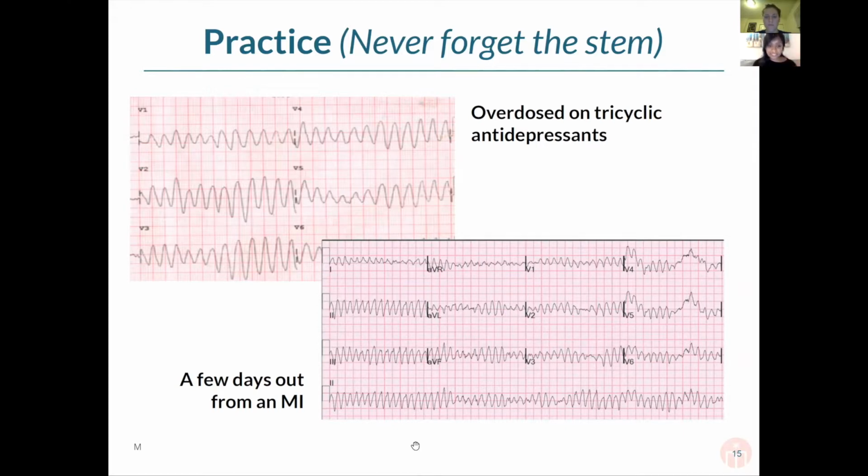And then the second pattern is a patient who comes in after an MI a few days ago. So again, throw out your answers. What are you thinking in regards to what might be happening to this patient in their actual diagnosis?